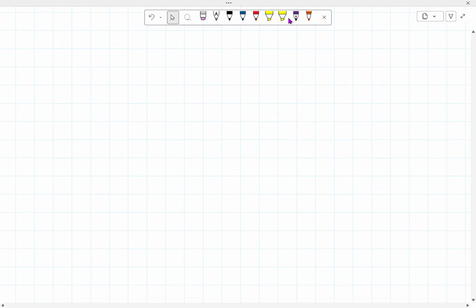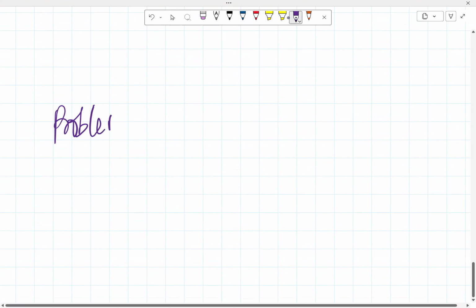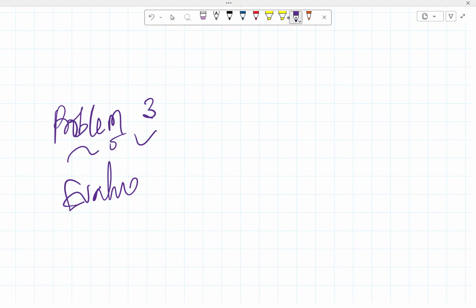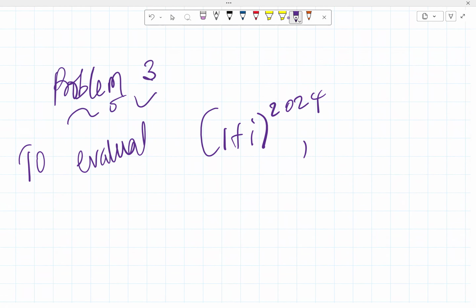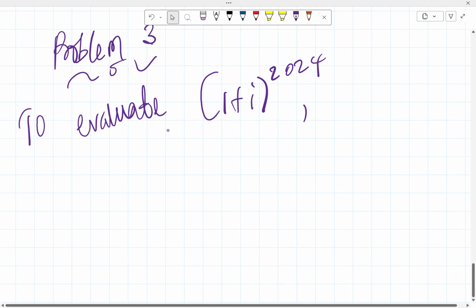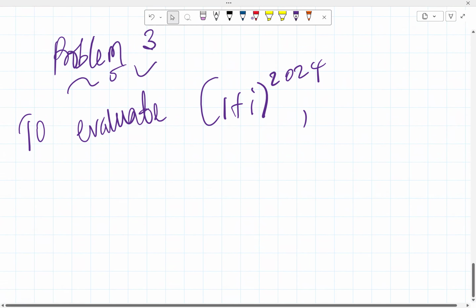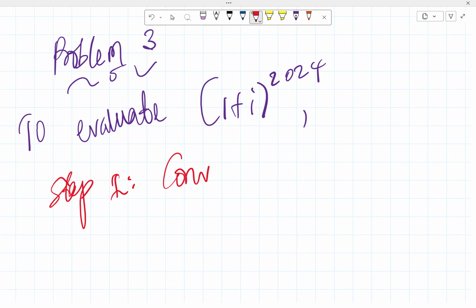So let's start with problem 3. We need to evaluate 1 plus i raised to the power 2024. So the first step you want to take is to convert to polar form.